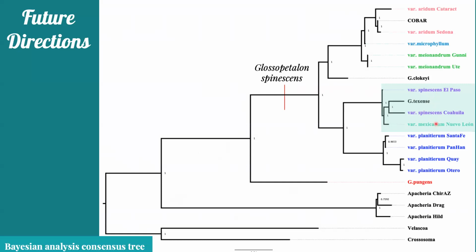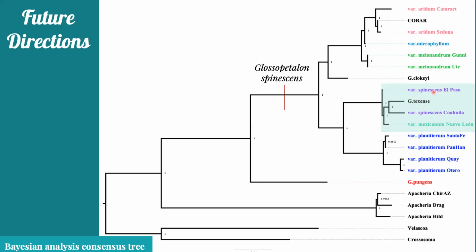And so here, that texense, that's really important, right? Because it's an endemic species and we want to conserve our native species. Me reducing it to the variety level might have the impact that it's not prioritized as a species, right? And so there's no conservation that can be done because it's just a weird spinescens. We have tons of spinescens. They're not of conservation concern.